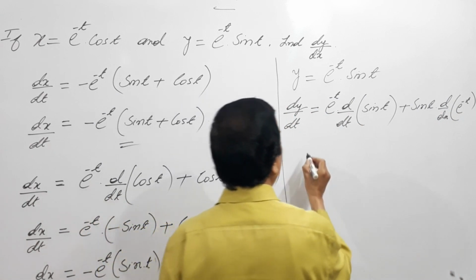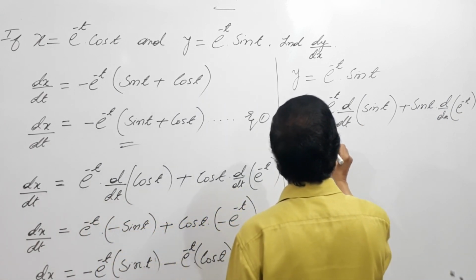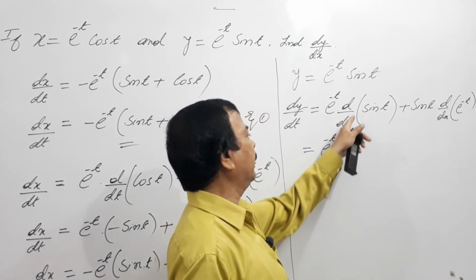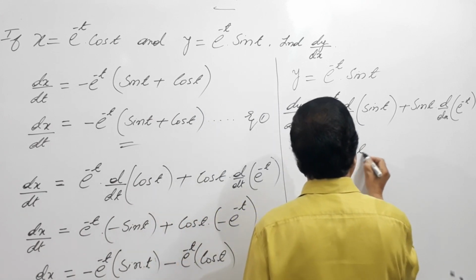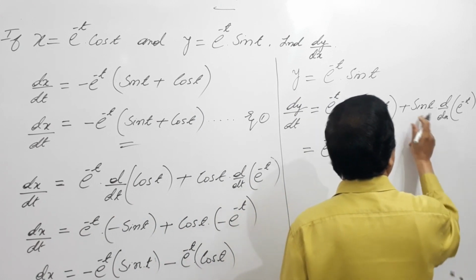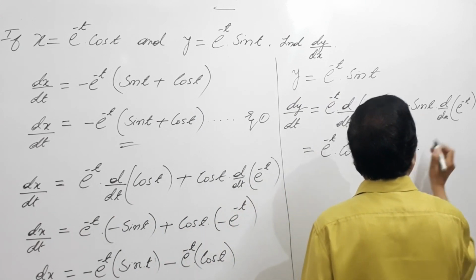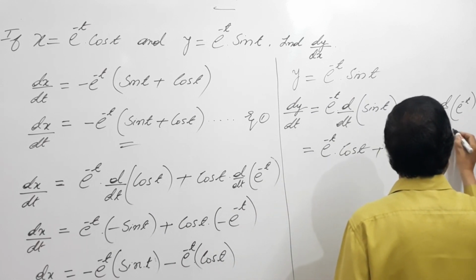So this becomes e to the power of minus t. d by dt of sin t is cos t. After differentiating, we get cos t plus sin t as it is, into minus e to the power of minus t.